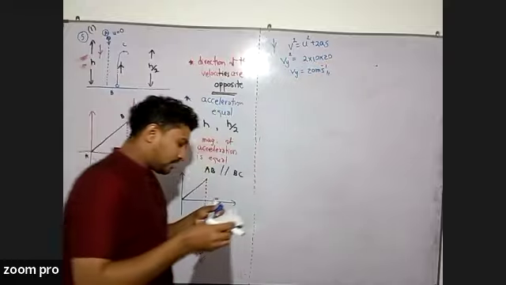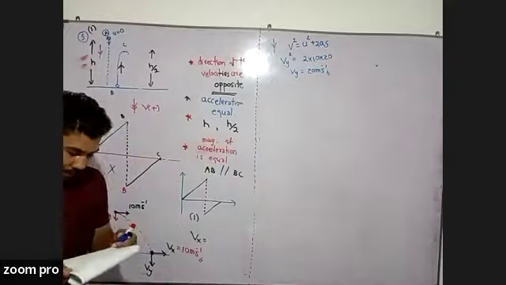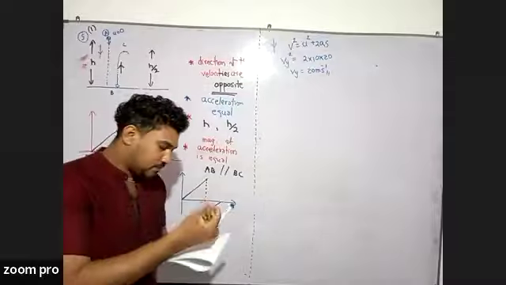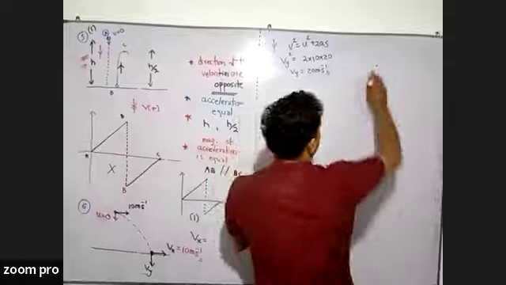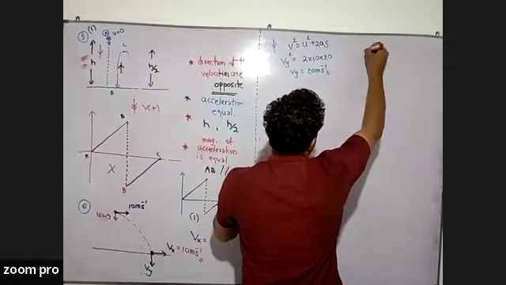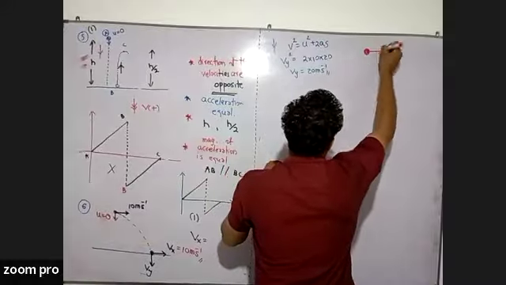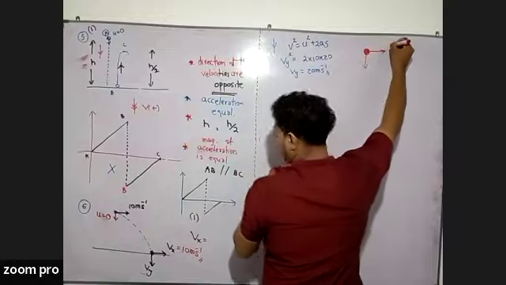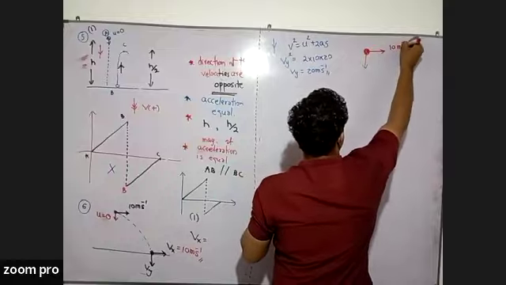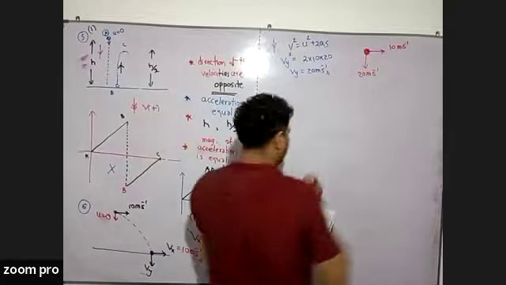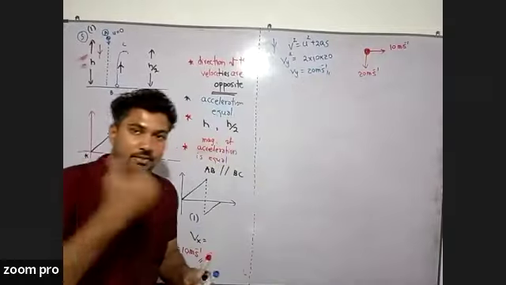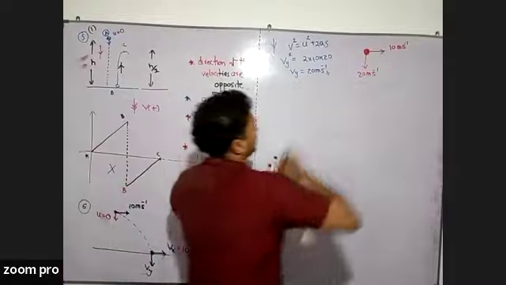So the question is asking about the velocity just before it collides with the ground. So you already know that just before colliding with the ground, the object experiences two velocity components. The first one is 10 in a horizontal way, and the second one is 20 in a vertical way. So how to obtain the resultant velocity?